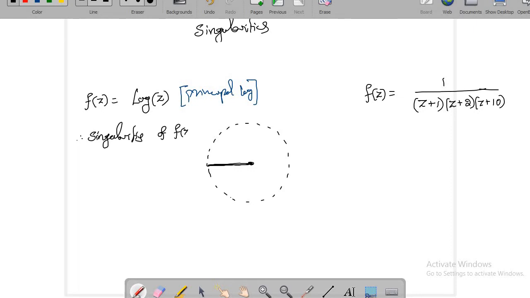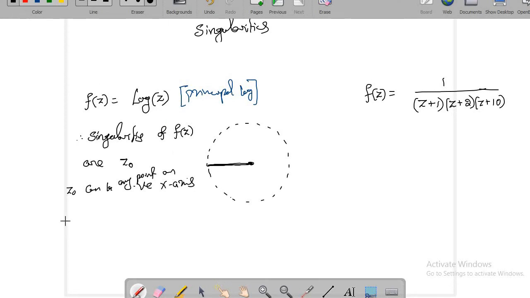f of z, these are, you can start with any z0 where z0 is a point on the negative x-axis. So z0 can be any point on the negative x-axis. So on the entire negative x-axis, this function is not analytic.